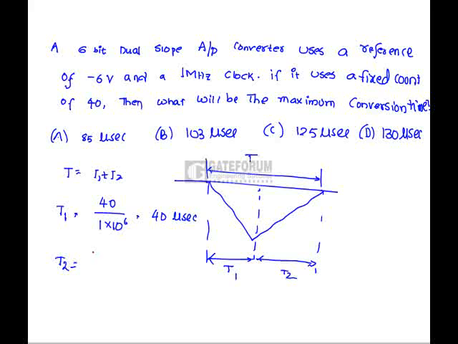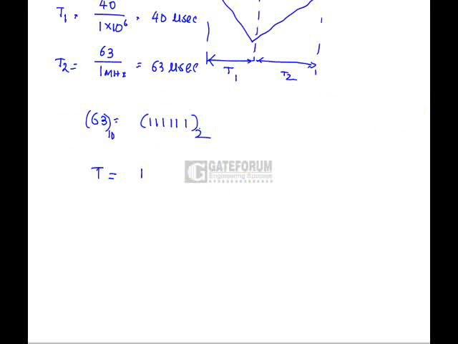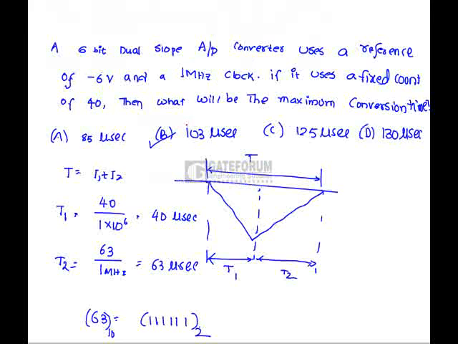T2 depends upon the maximum output, that is all bits, means 6 bits go to 1, that is 63 divided by 1 megahertz, which is equal to 63 microseconds. 63 is nothing but 111111. Hence total period is T1 plus T2, that is 103 microseconds. Hence option B is correct.